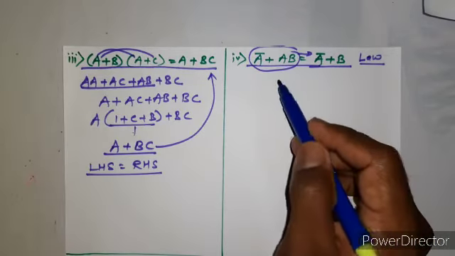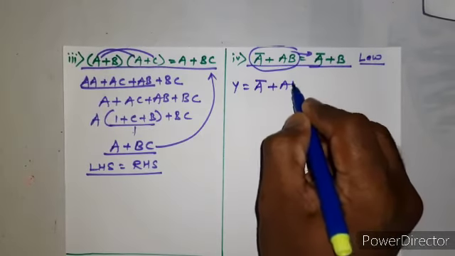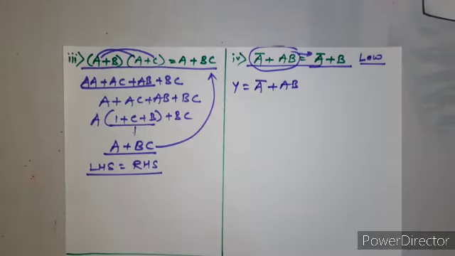Now can we take anything common here? So I'll write down here Y equal to A bar plus AB, right? Can anything be taken common here? There is nothing to take common.